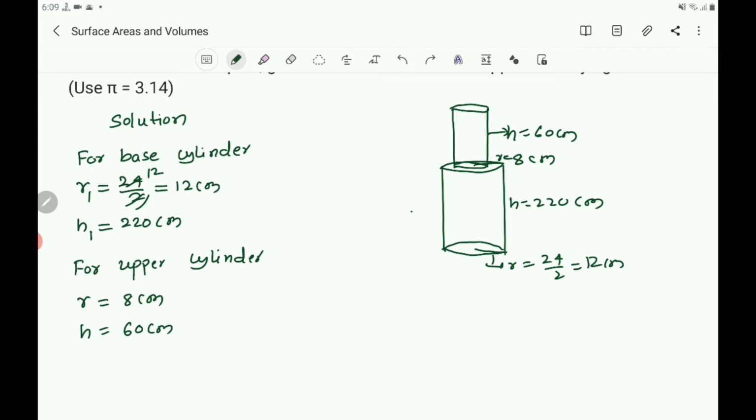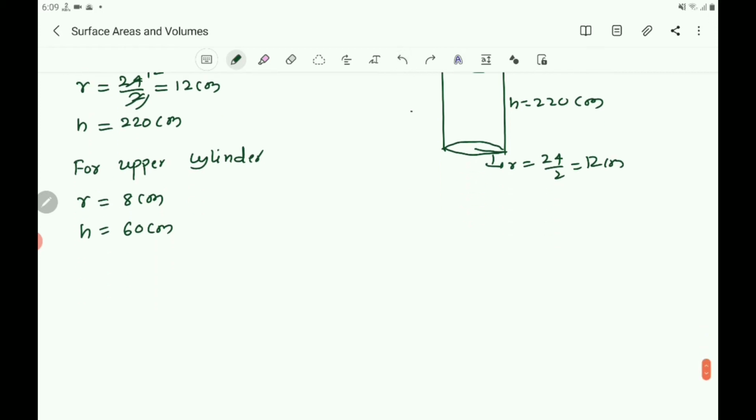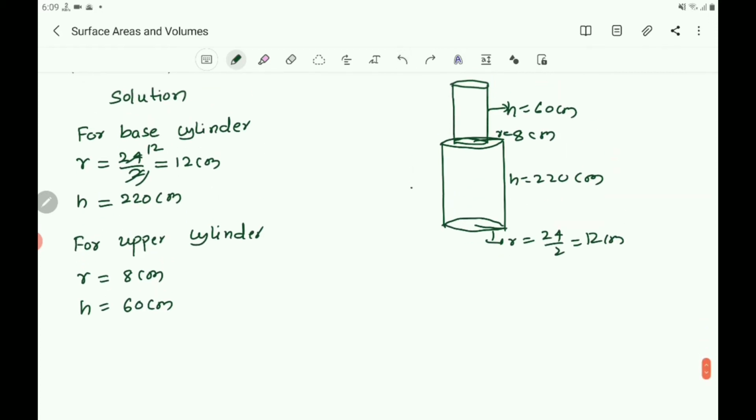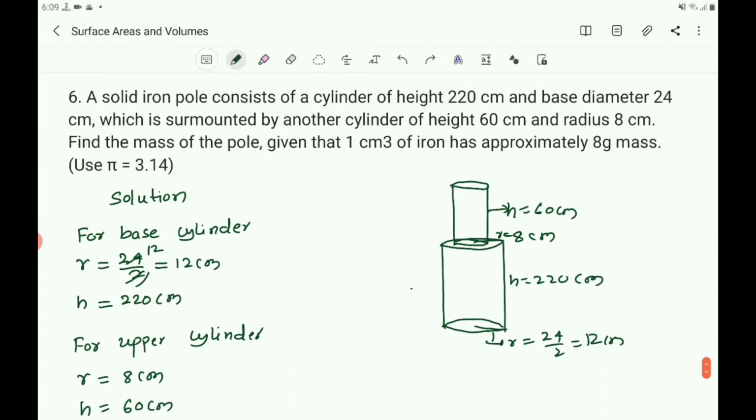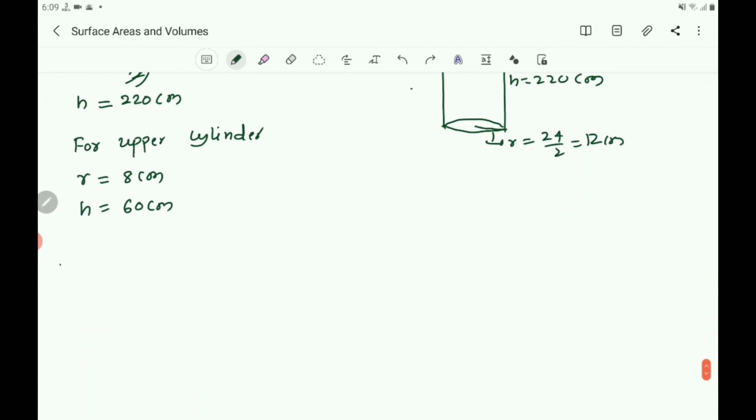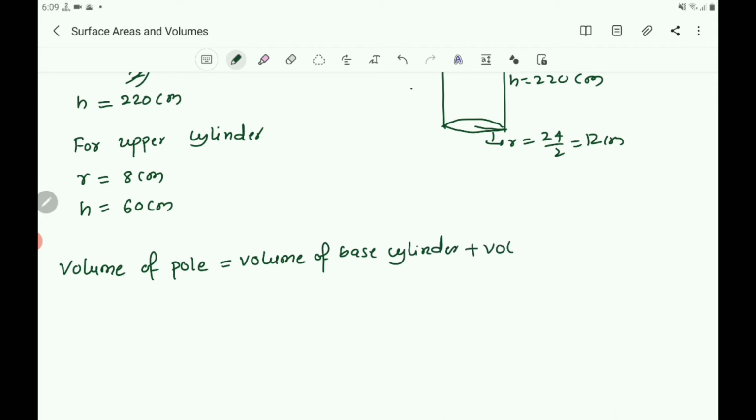Before that, let us write the formula to get the volume of the pole. Volume of pole equals volume of base cylinder plus volume of upper cylinder.